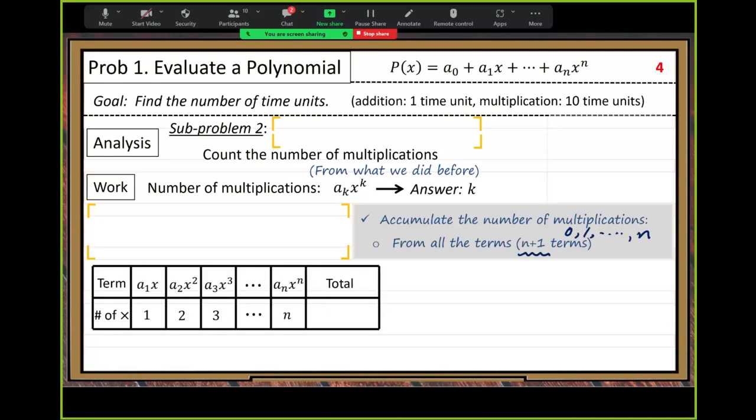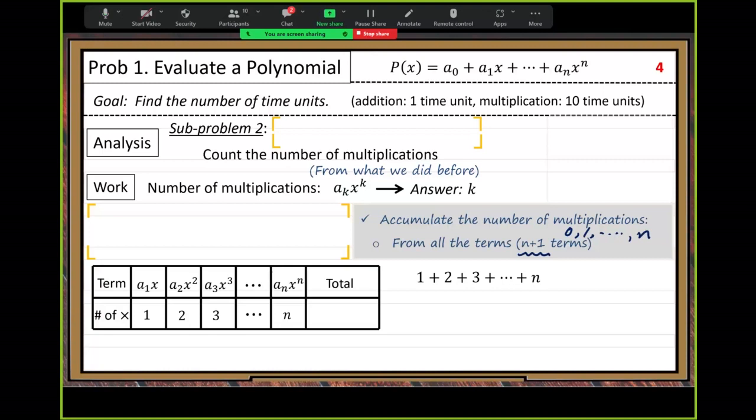I list all the n terms with multiplication contributions in this chart. So 1, 2, 3, consecutive integers, till n. The last term has n multiplications. Let's add them up.